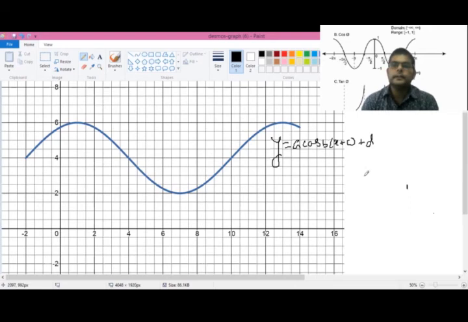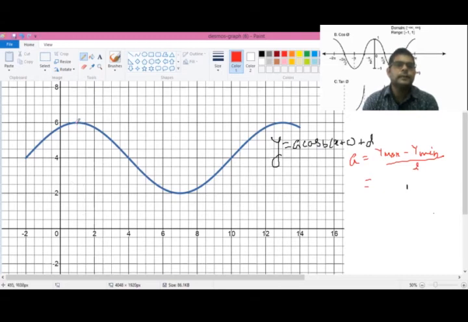So you know that if you would like to find a, then a will be given by y maximum minus y minimum, divided by 2. You can see here the y maximum value is 6.